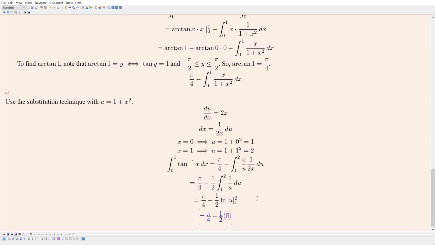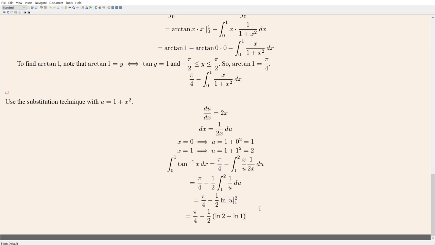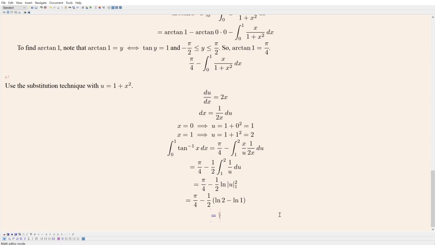So that is natural log of 2 minus natural log of 1. And then finally, we note that the natural log of 1 is just equal to 0, so we can do one final simplification by just making that go away.